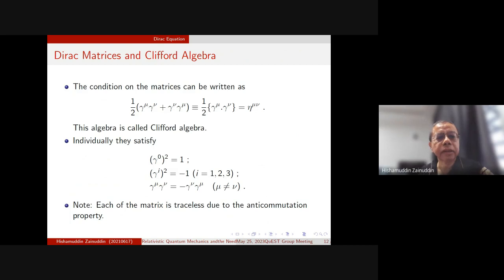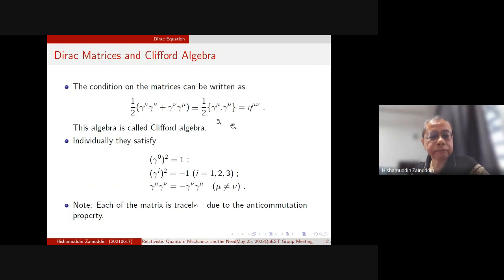This condition is given by the anti-commutator, not the Poisson bracket. Sorry, the anti-commutator of your matrices is related to the Minkowski metric. People have even tried to generalize this kind of algebra to different dimensions, and they call this the Clifford algebra.